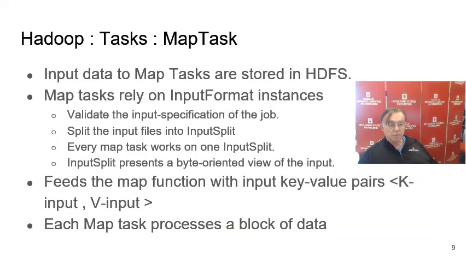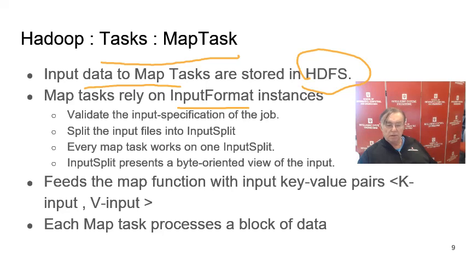All right, so an application consists of a set of tasks, both map tasks and reduce tasks. And the input data to the map task is stored in HDFS, possibly through HBase. And there are various input format specifications, which are also doing the splitting, because you want to partition the data to do parallel computing.